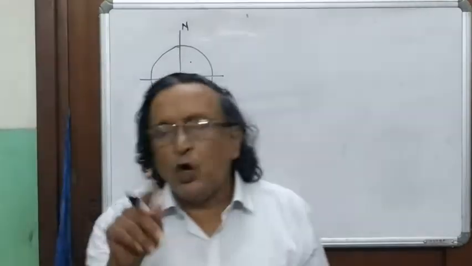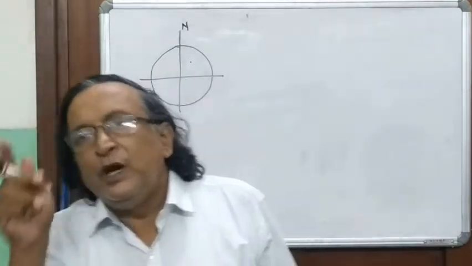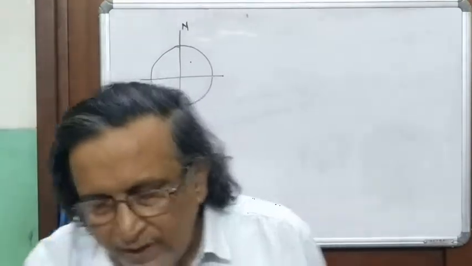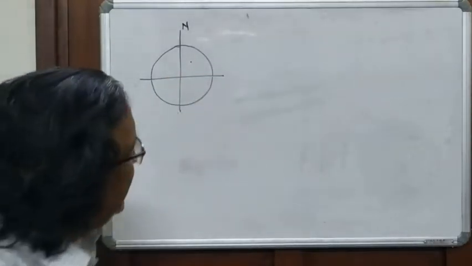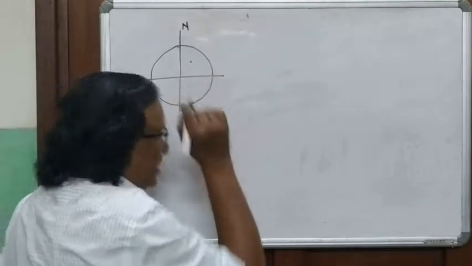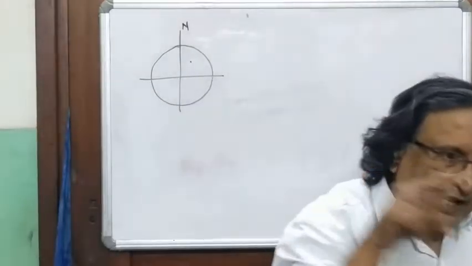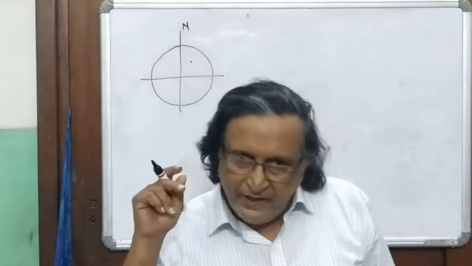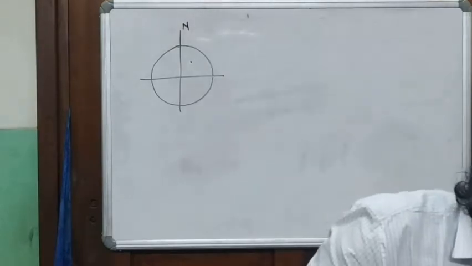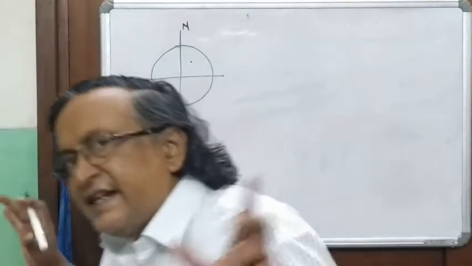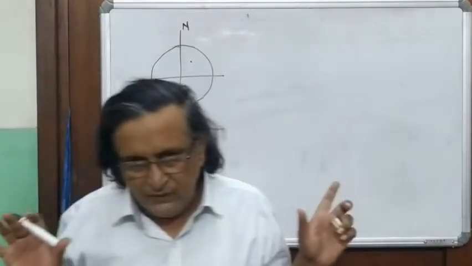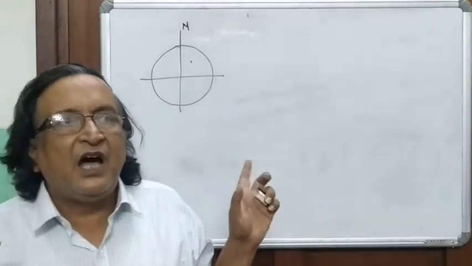That line is called a pole to a particular plane. How and what to do, I will tell you. But the important point here is, any point is a line. It could be a line, it could be a normal to a plane, it could be anything, but it's a line.